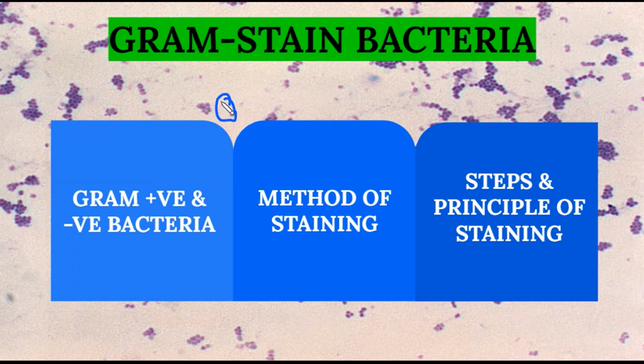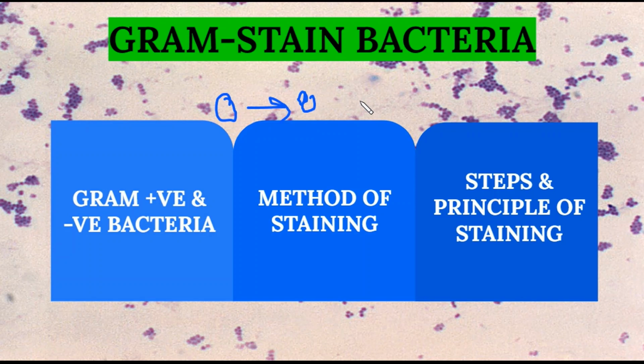We will take a bacterial culture, then we will add two drops of crystal violet. Then gram's iodine. Then we will decolorize it with alcohol or acetone, and then we will again stain it with safranin.